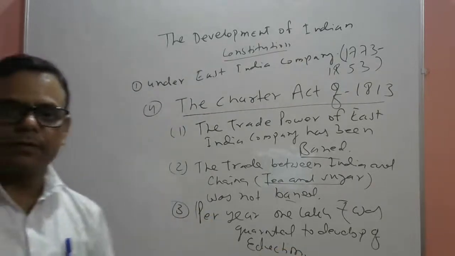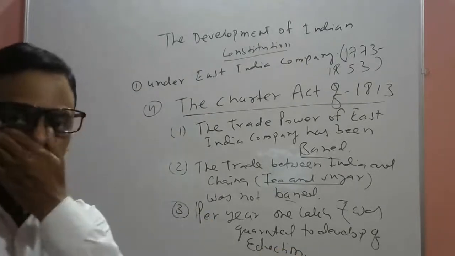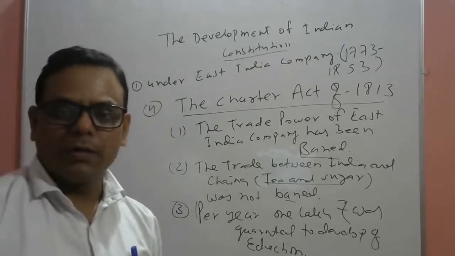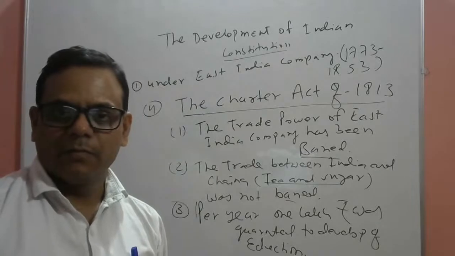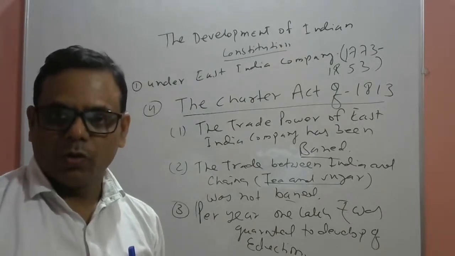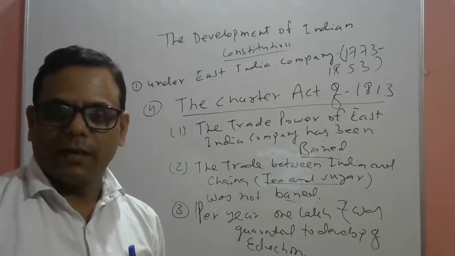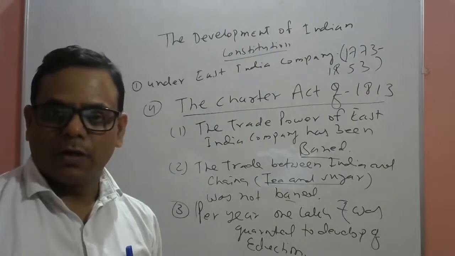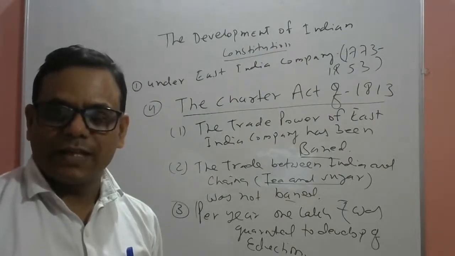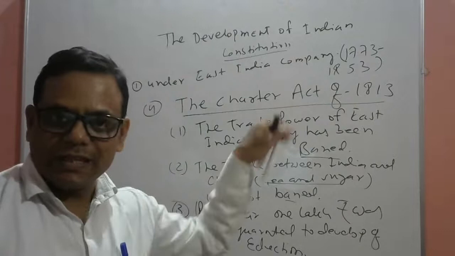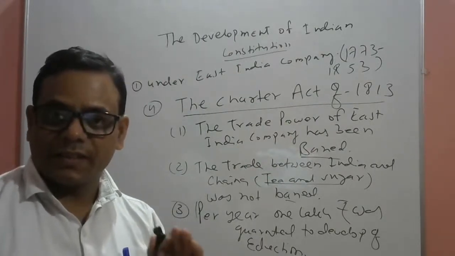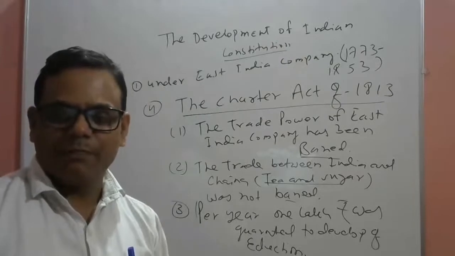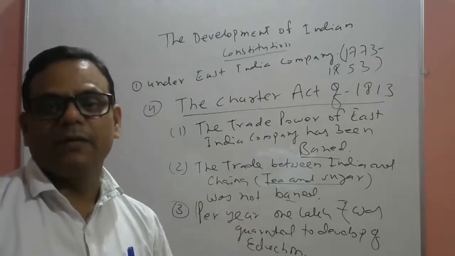In this act, British government promised to grant 1 lakh rupees per year, per annum, to provide India for development of education and culture. These are important provisions of the Act of 1813, which has been passed by British Parliament.